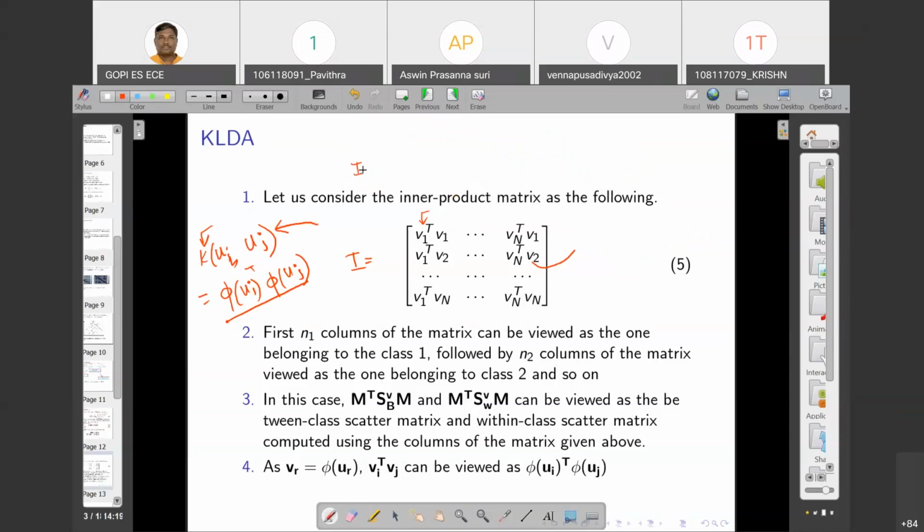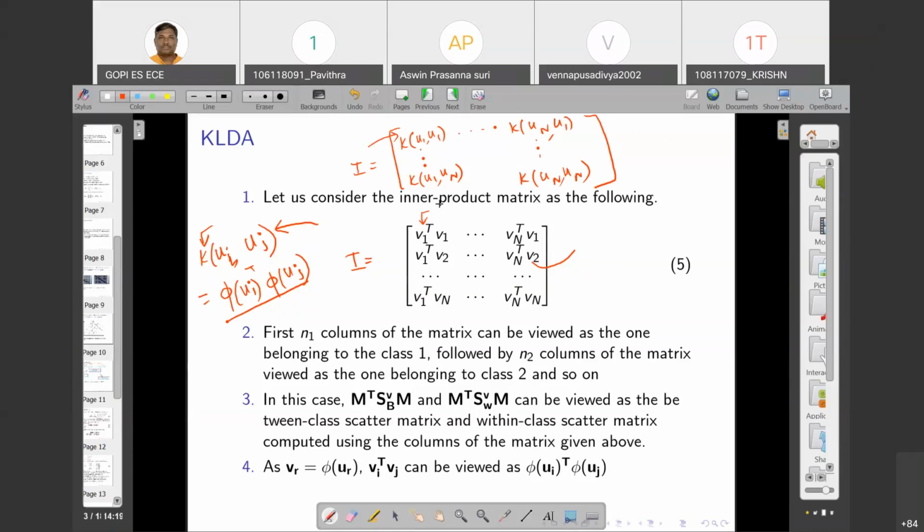The inner product matrix can also be written like this: k of u1 comma u1, and here k of u1 comma un, and it goes like this, and this is k of un comma u1, and this is k of un comma un. So you see that the inner product matrix is now replaced with the kernel function, because the actual vectors are in the higher dimension.